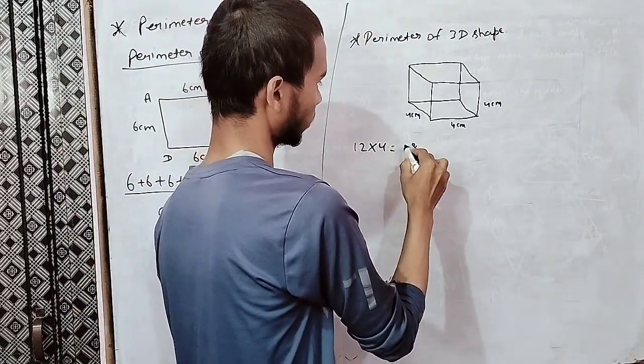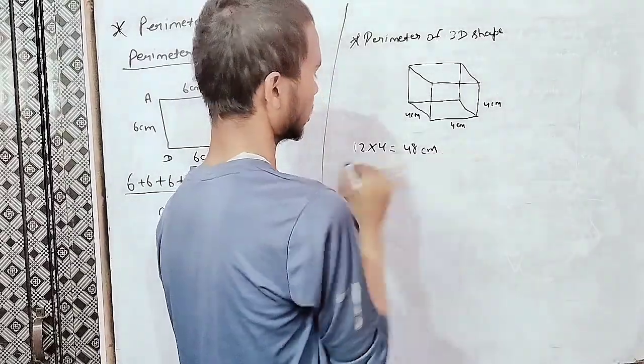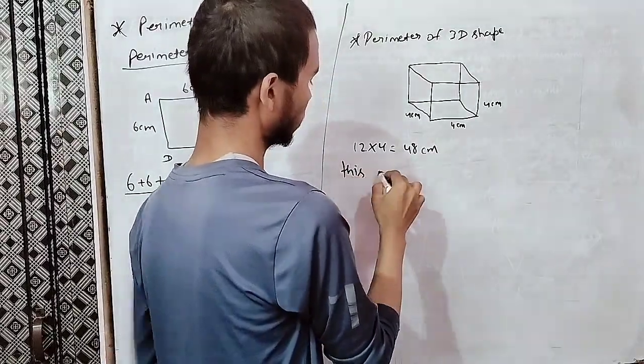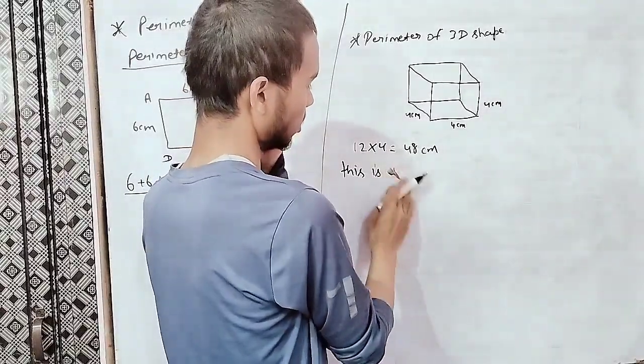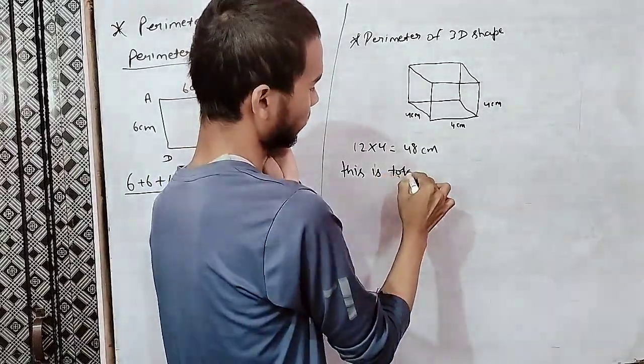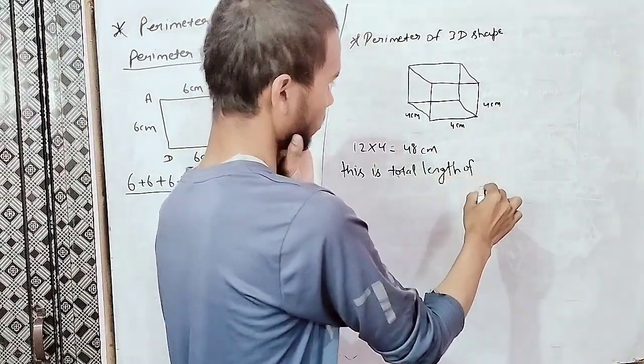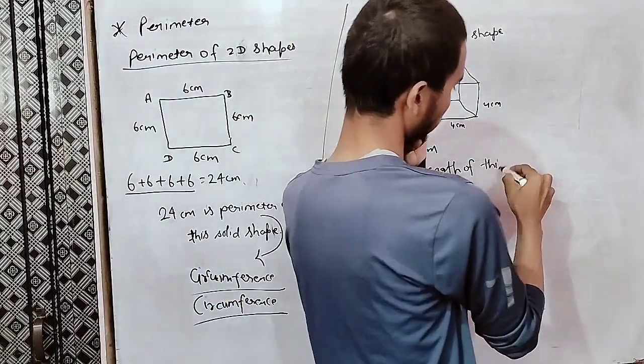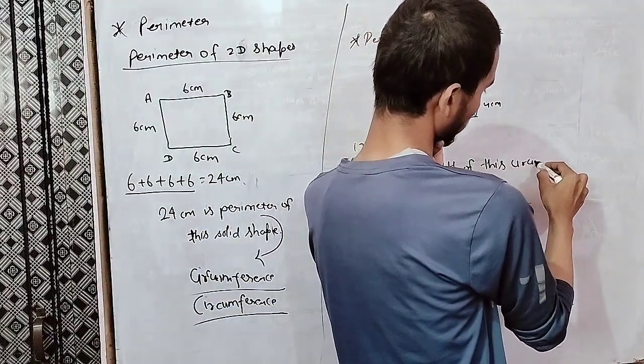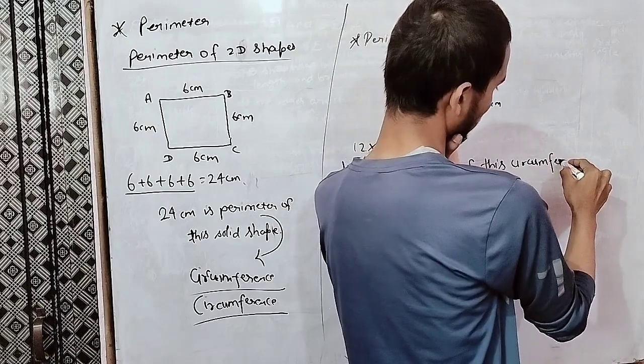Then we will get 48 centimeters. This is the total length of the circumference.